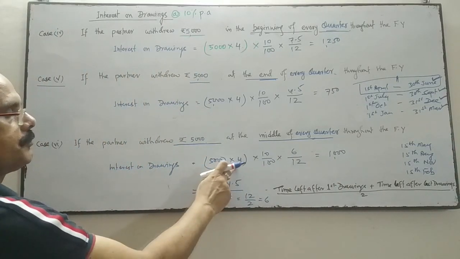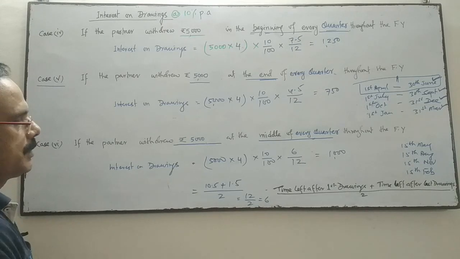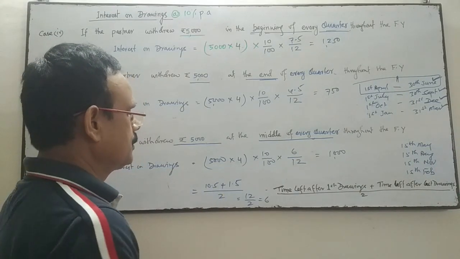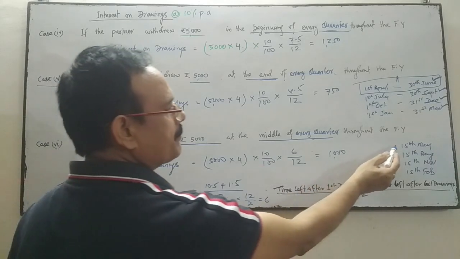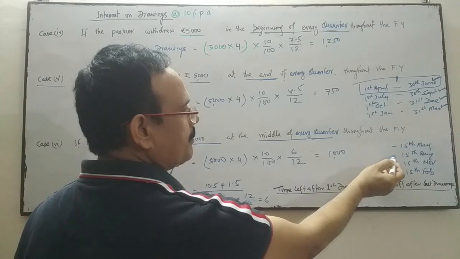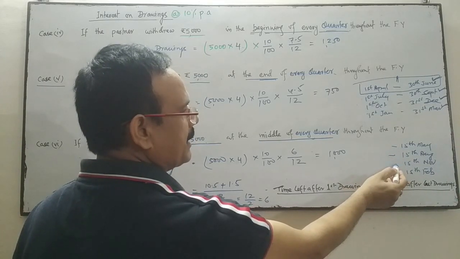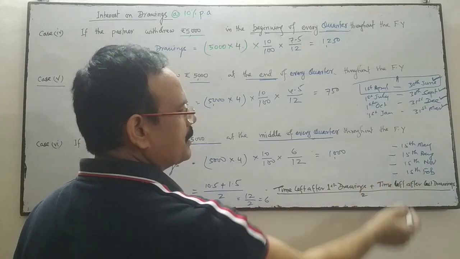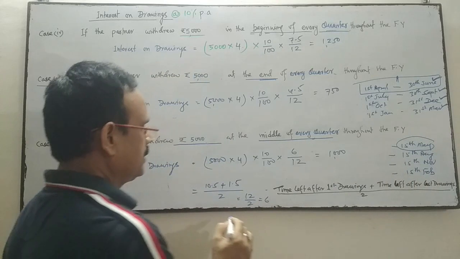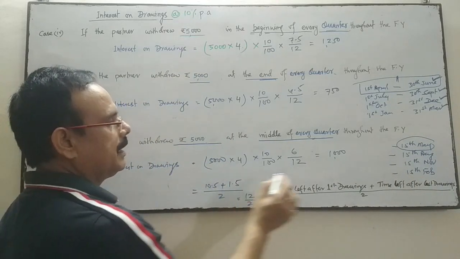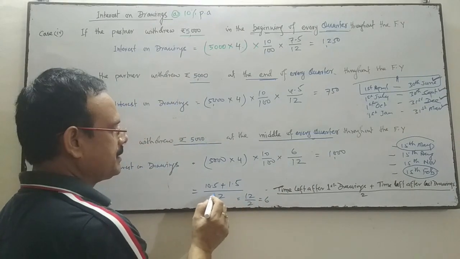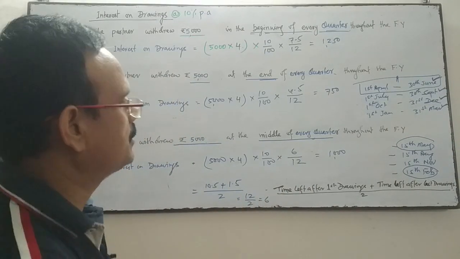So 5,000 into 4 quarters, the total drawing is 20,000, into rate of interest, calculated for 6 months. The first quarter mid is 15th May, the second is 15th August, the third is 15th November, and the last is 15th February. From 15th May to 31st March is 10.5 months, and 15th February to 31st March is 1.5 months. Now the average is 6 months.